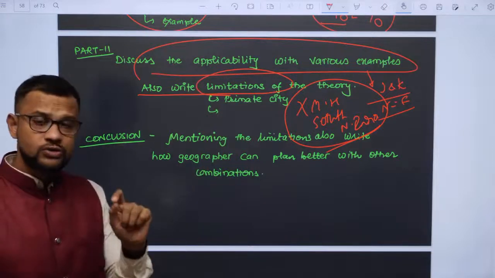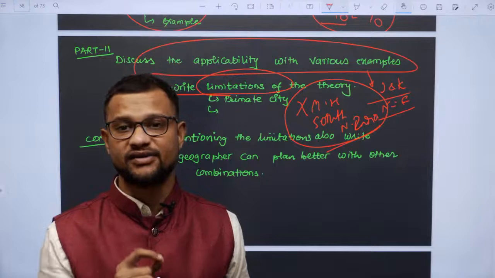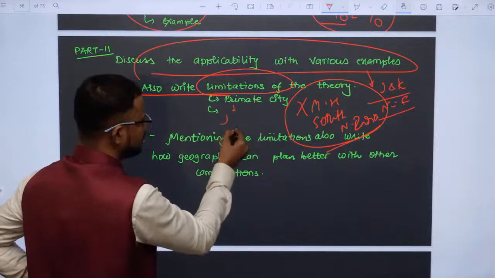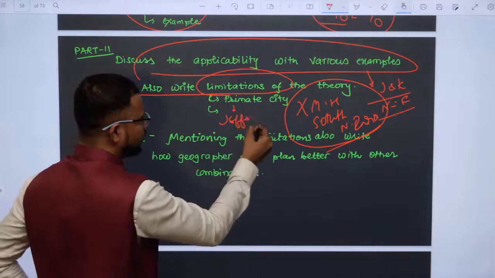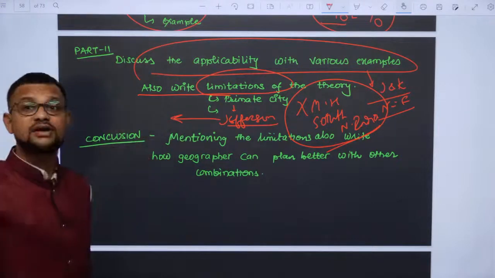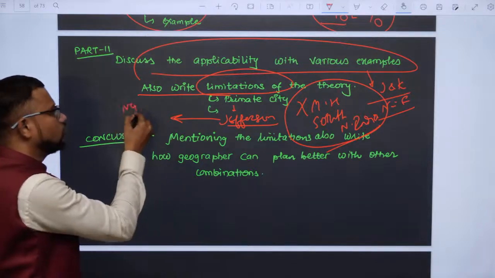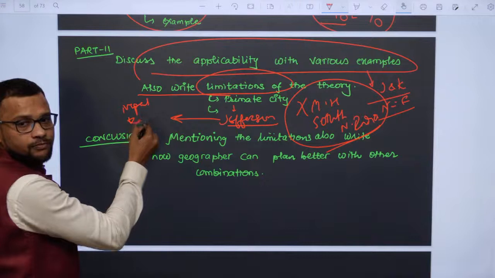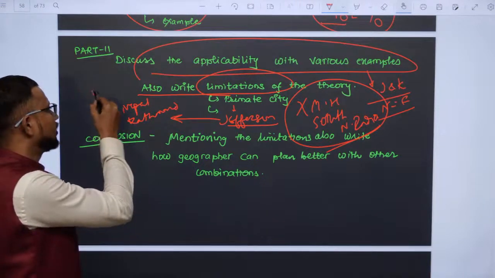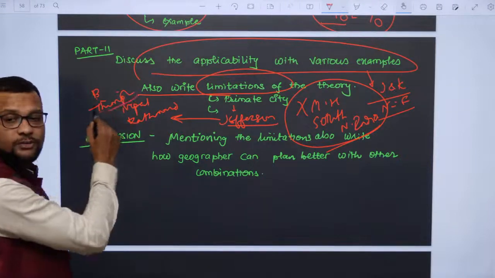Now when you write limitations, do write the concept of primate city. Primate city means what? This is the concept of Jefferson, and according to him, a primate city is the one city which dominates the other regions. Like in Nepal, you only know about Kathmandu, बाकी कोई और city हमको पता नहीं. Or in Bhutan, it is only Thimphu, the capital of Bhutan, वो ही पता है.